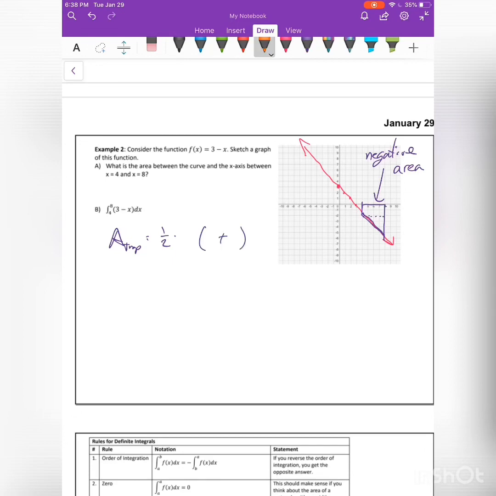The height, again, is the distance between the bases, so that's 4. And then base 1, I'm guessing is 2. Now, how could I know for sure? Well, if you take the x value of 4 and plug it into the equation here, am I wrong? No, I am wrong, sorry. If you take 4 and plug it in, good thing I checked, you would get 3 minus 4, which is -1.